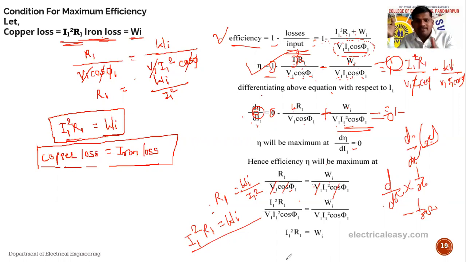We have already derived the same condition in the case of DC machines like generator and motor. That means the condition to get the maximum efficiency in a transformer is that the copper loss is equal to the iron loss, or the variable loss is equal to the constant loss.